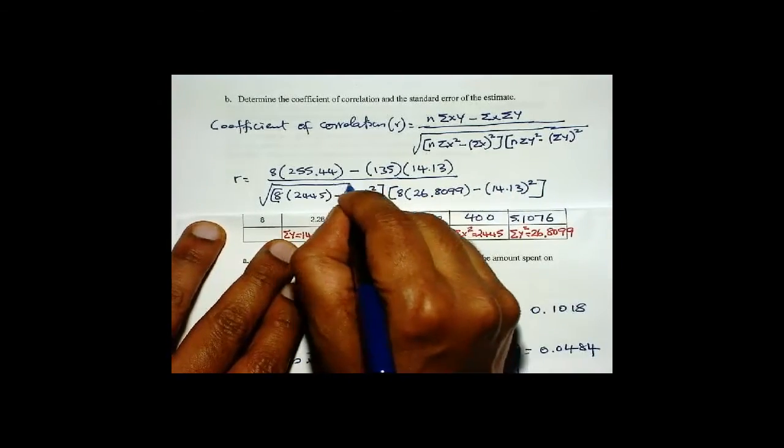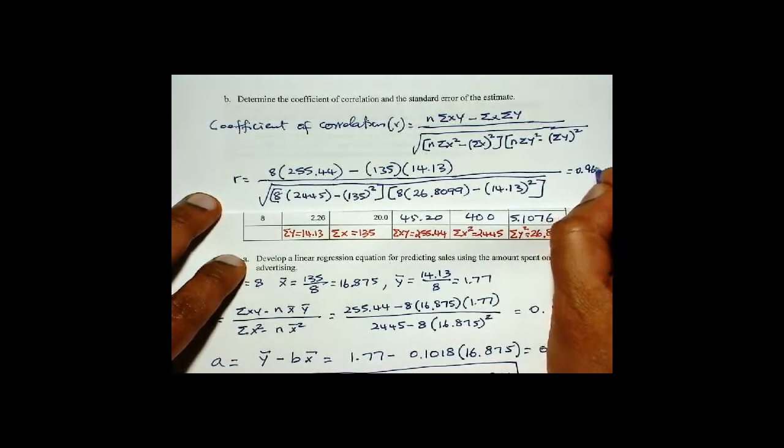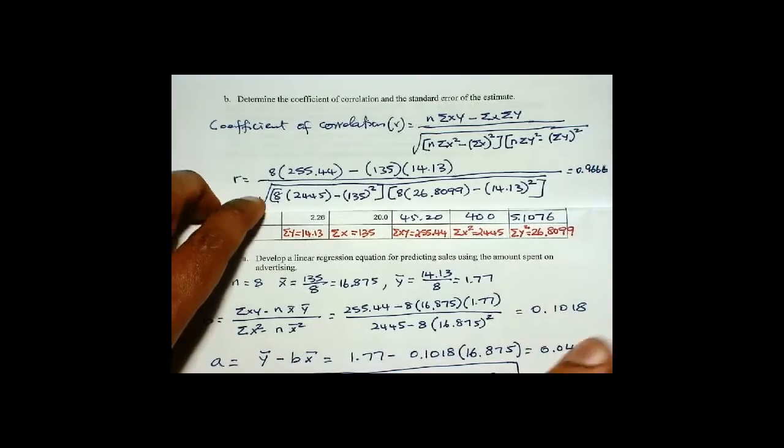So this whole thing, like that. And when you work this through, you get 0.9666.